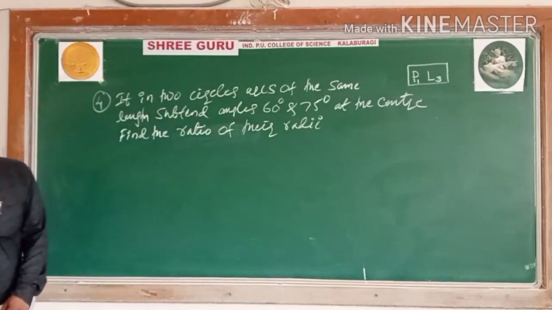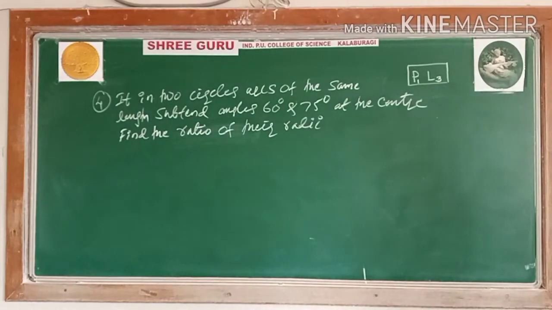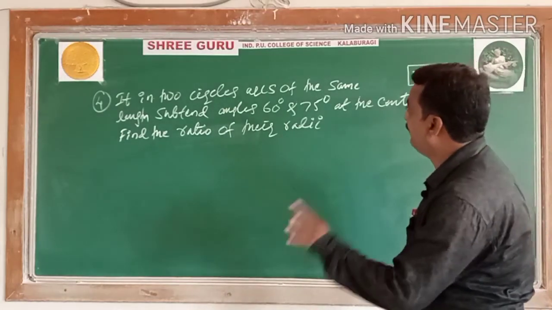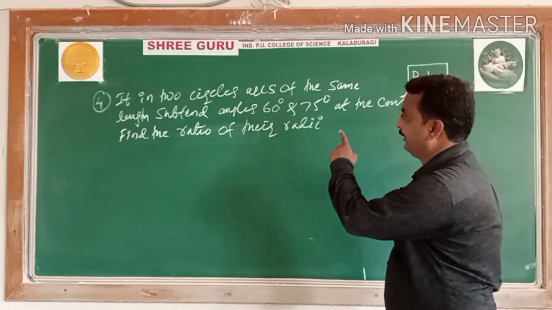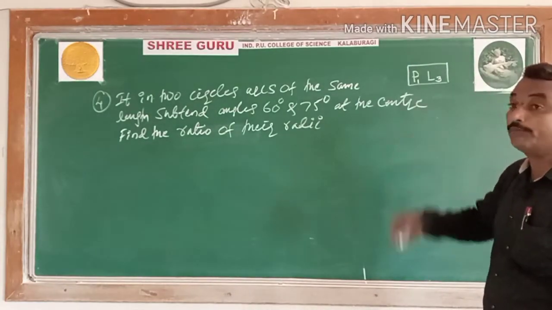See, students, try to read the given question clearly. If in two circles arcs of the same length subtend angles 60 degree and 75 degree, two circles have the same length of an arc but the angle is different. One circle subtends an angle of 60 degree, the other 75 degree at the center. Find the ratio of their radii.